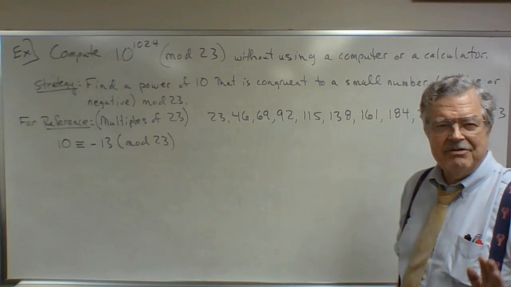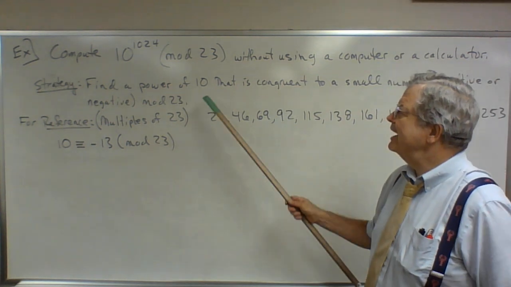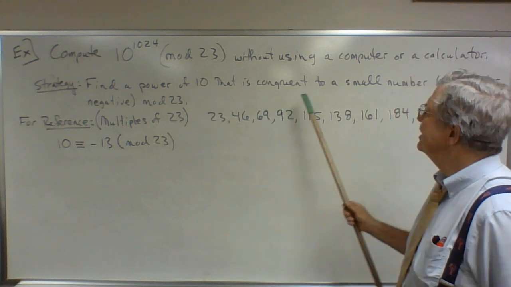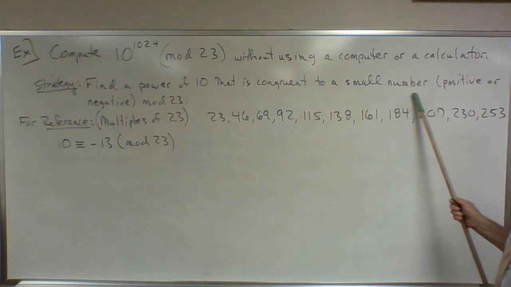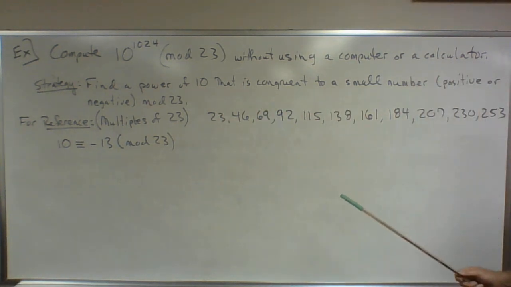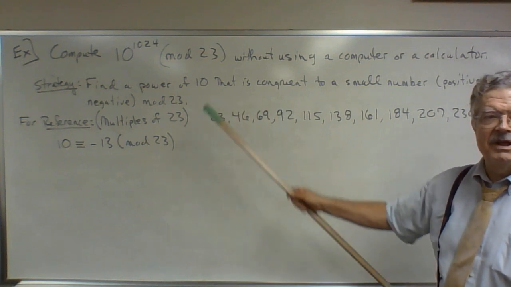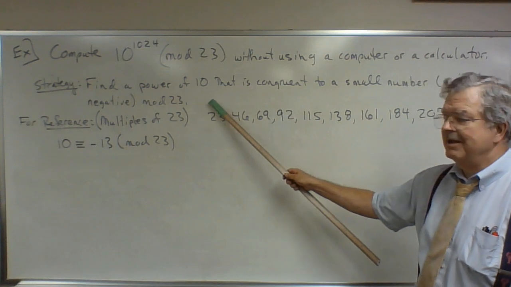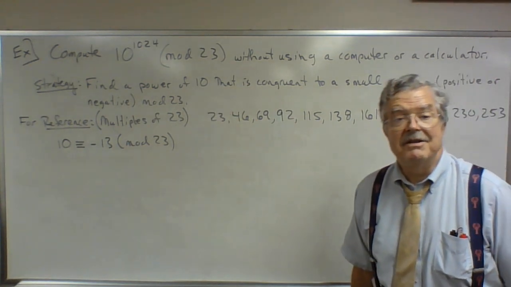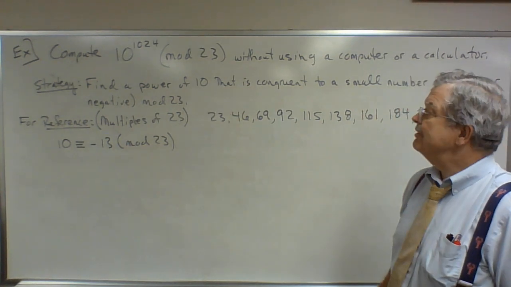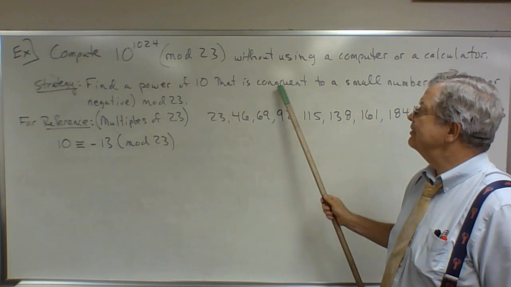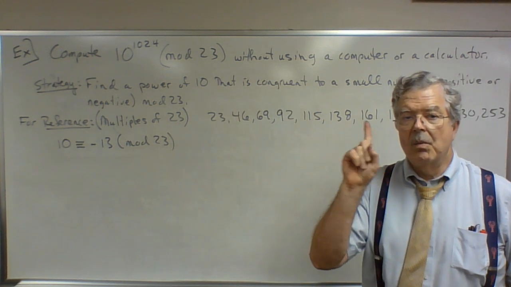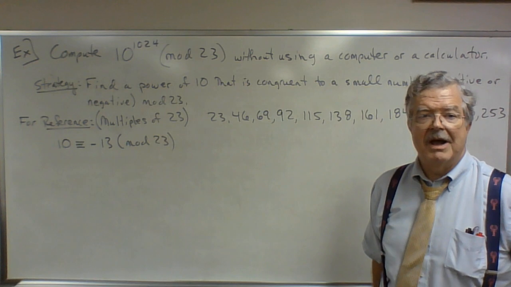Our strategy is going to be to find a power of 10 that is congruent to a small number mod 23. And that small number can be positive or negative. Ideally, we'd like to find a power of 10 that's congruent to 1 mod 23.